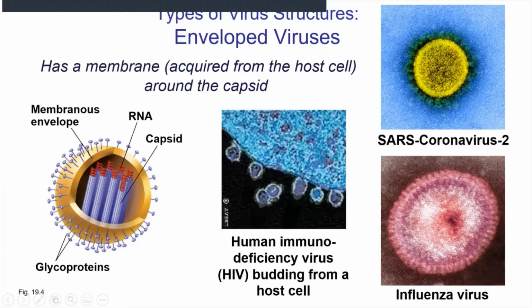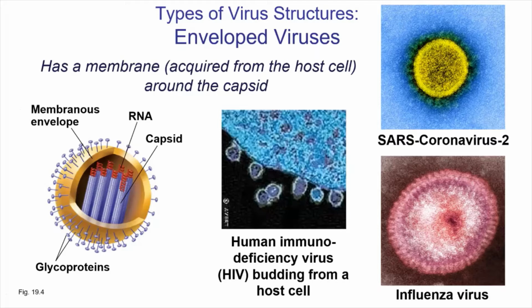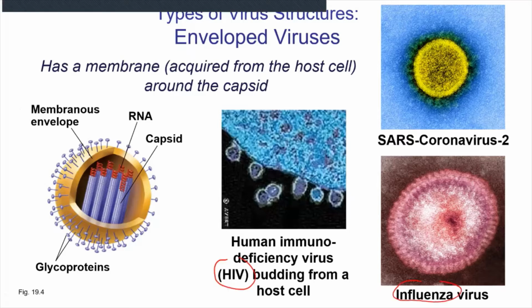Some viruses are enveloped, as I mentioned. Actually, quite a few animal viruses are enveloped, and the envelope is basically a membrane. Not quite like a membrane that we have because it's not performing all the same functions, but it is an extra coat on the virus. You can see I have three examples here. I have HIV and influenza viruses.